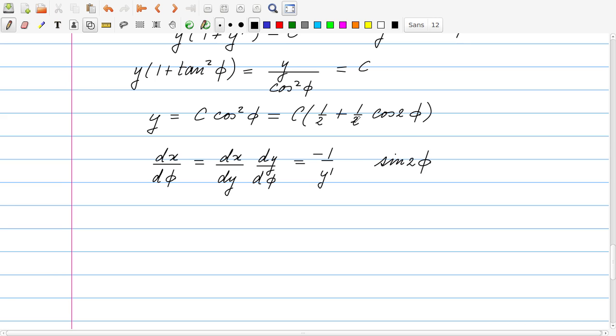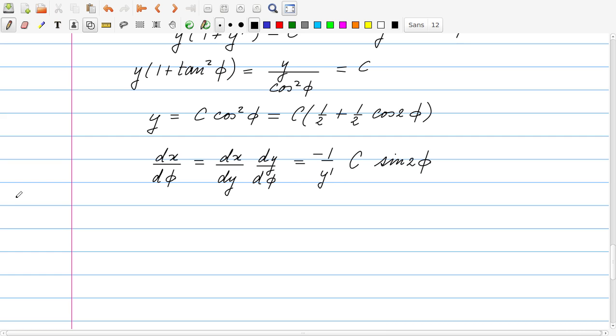Then the 2 here, using the chain rule, comes in front and compensates with the factor of 1/2, and there is a c. So in the end we see that we can write dx/dphi in this form, and then we use the fact that we also know y'.